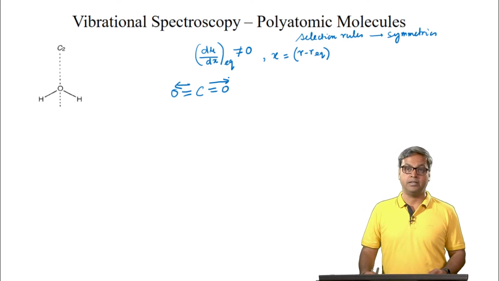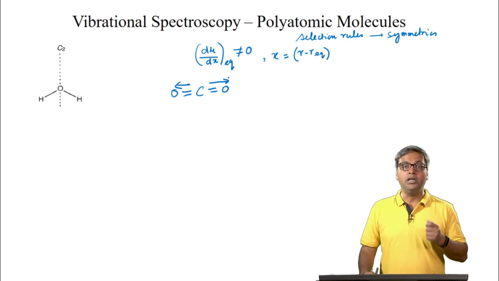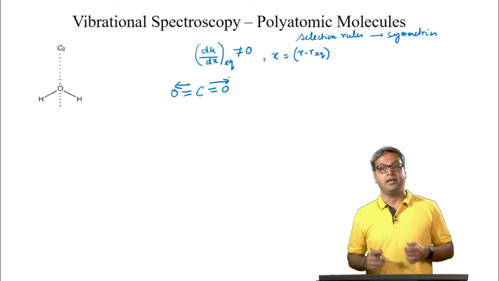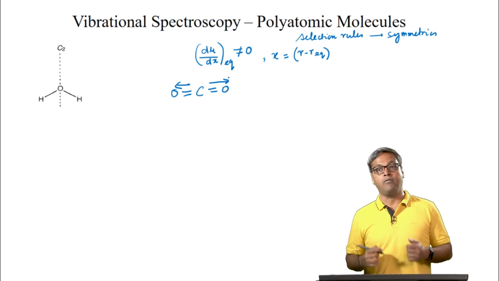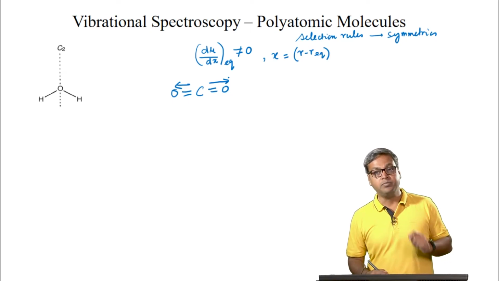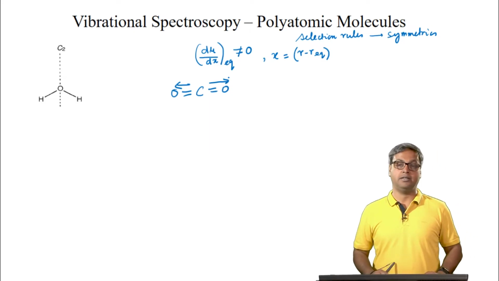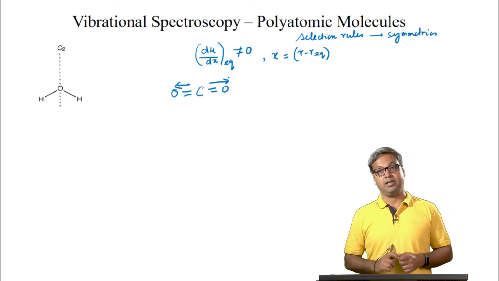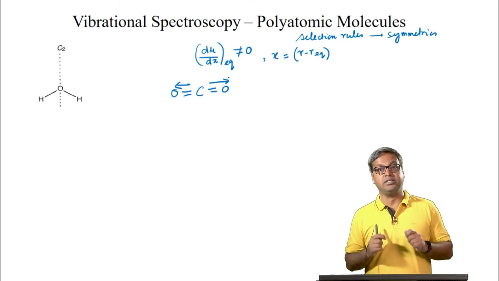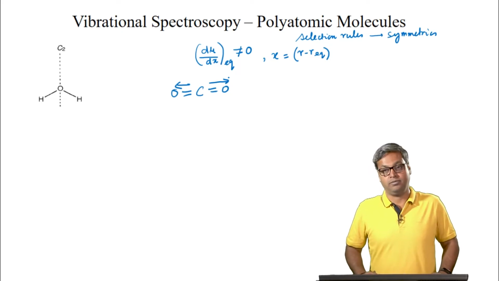This explains why there are only 2 vibrational bands in the infrared spectrum of carbon dioxide rather than 4. One is missing as the 2 bending modes are degenerate, and the second is missing as the symmetric stretch is IR inactive.